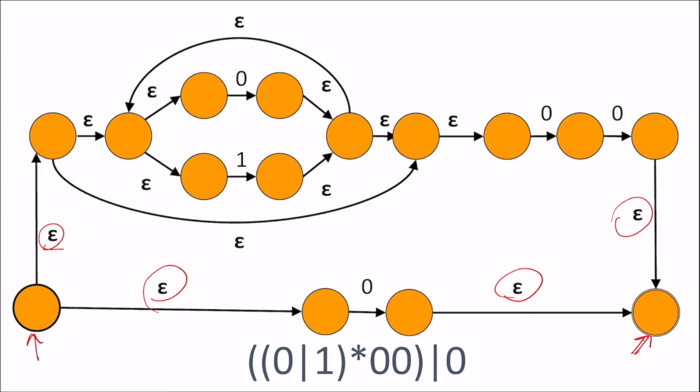So as you can see, it's really straightforward to take each of the rules and apply them to recursively build a larger and larger NFA for complex regular expressions. So we have to start at the right place. What we did was start with 0 and 1, then 0 or 1, and then 0 or 1 star.